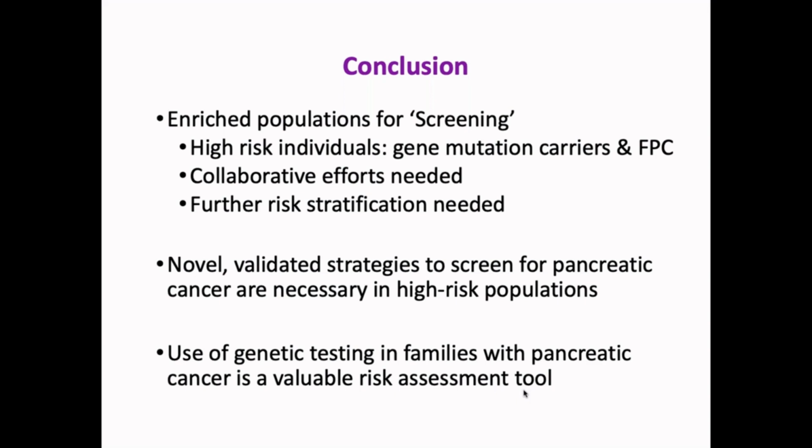We also are in desperate need of novel and validated strategies to screen for pancreatic cancer in these high-risk populations beyond what we have in imaging, and possibly complementary to what we provide now with imaging. And the use of genetic testing in families with pancreatic cancer is very much a valuable risk assessment tool.